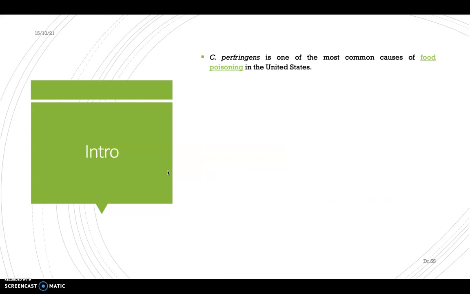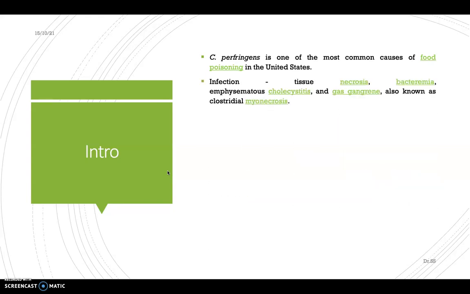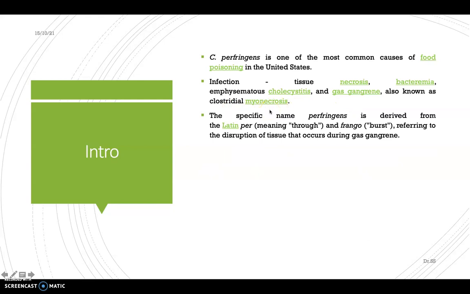It naturally causes food poisoning, particularly in the United States, and sometimes it won't cause any poisoning at all. Infection is indicated by tissue damage, such as tissue necrosis, bacteremia, emphysematous cholecystitis, and gas gangrene. Gas gangrene is the main indication of Clostridium perfringens infection, and it is also called clostridial myonecrosis.